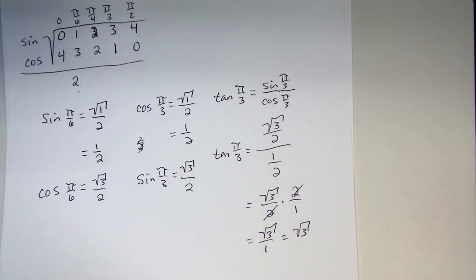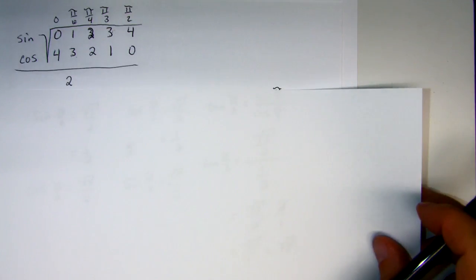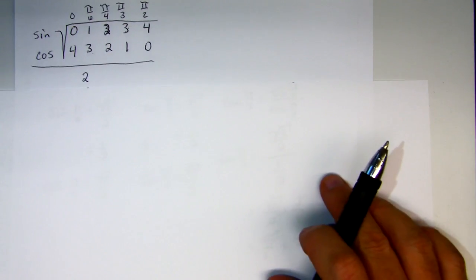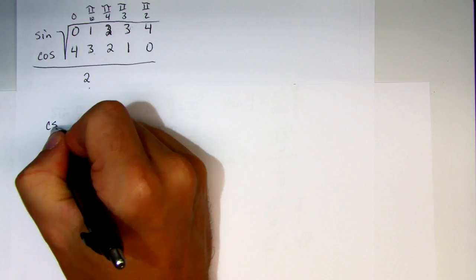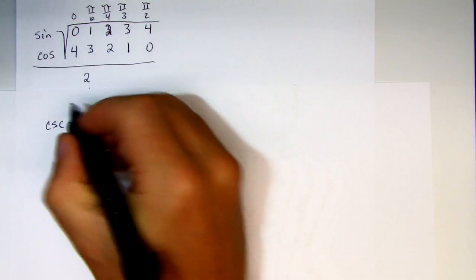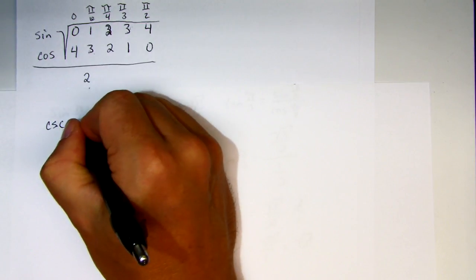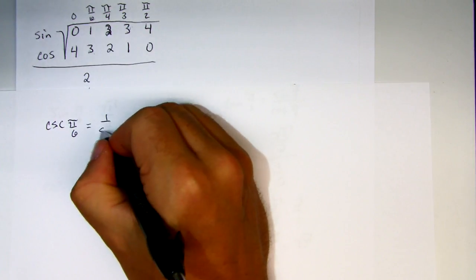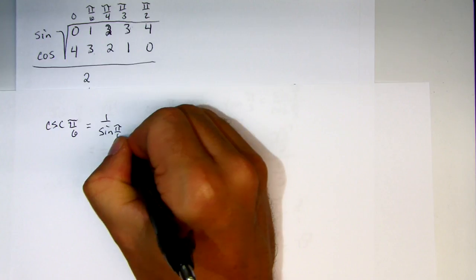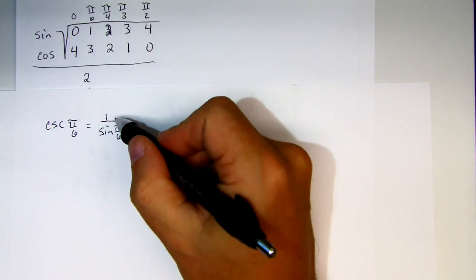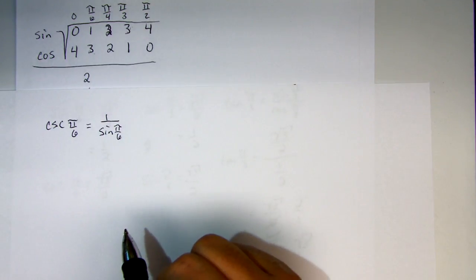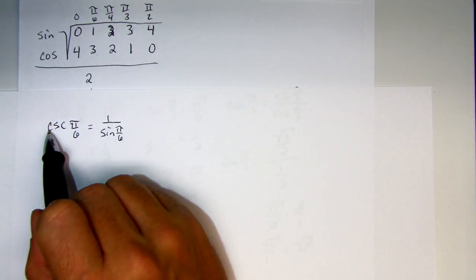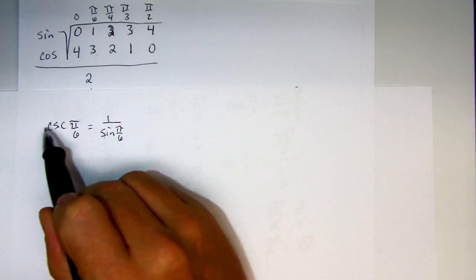And the same thing applies for cotangent, which we're going to look at in just a minute. So let's try cosecant. So cosecant, let's do pi over 6. Cosecant is equal to 1 over sine. Okay, so cosecant of pi over 6 is equal to 1 over sine of pi over 6. And an easy way to memorize this is C and S. These are opposite.